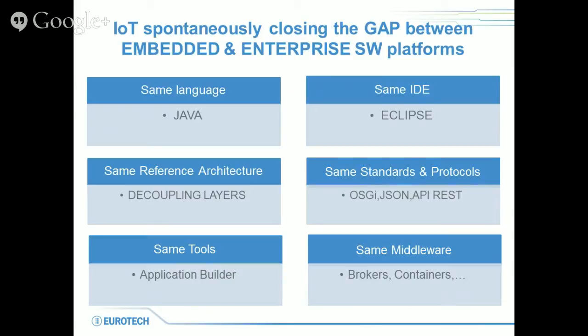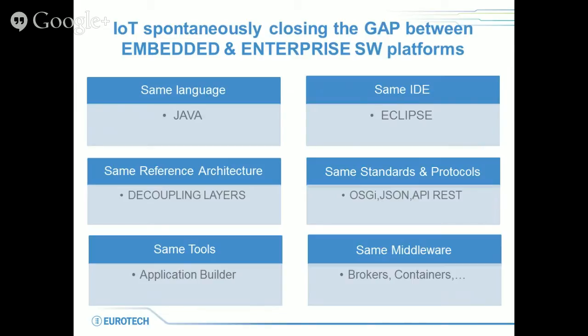We use the same IDE, the same development environment, that is Eclipse. We use the same reference architecture. We decouple all layers of the software architecture, so not anymore a monolithic architecture. We use the same open standards and protocols like OSGi, JSON, REST APIs, and very many others.